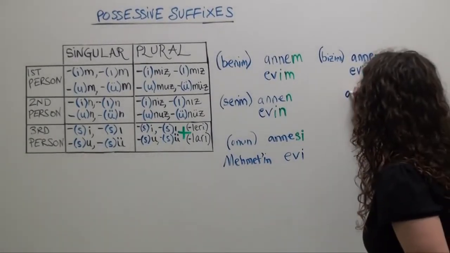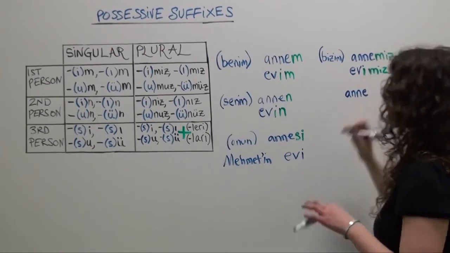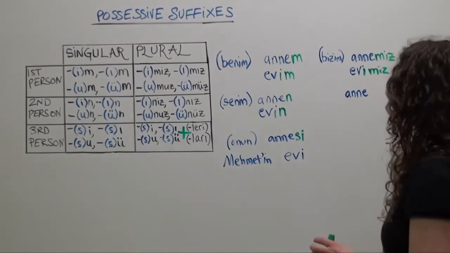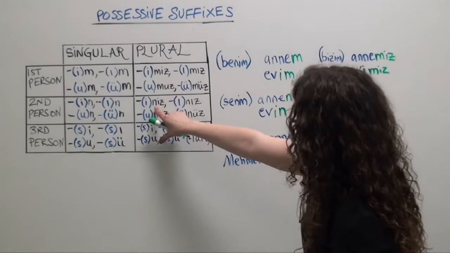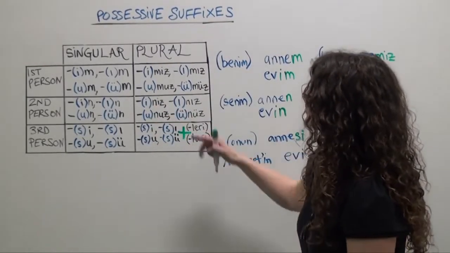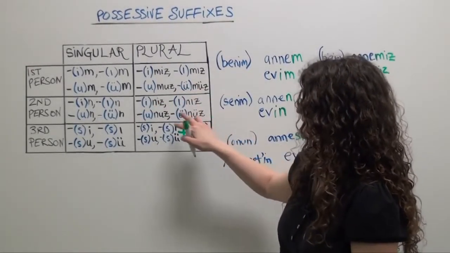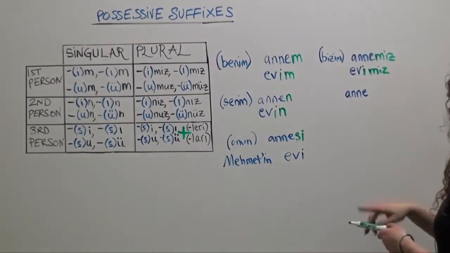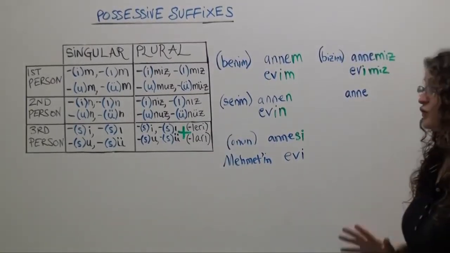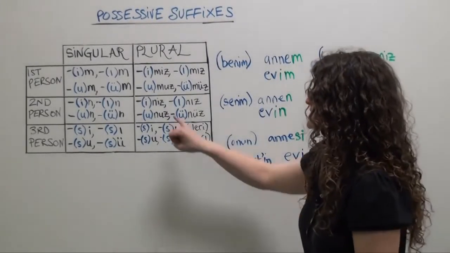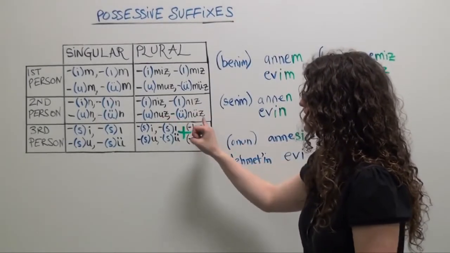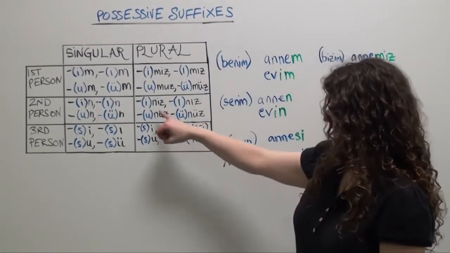Anne, say your plural or your formal mother. We're going to choose our version of the possessive suffix that agrees best with anne according to the rules of four-way vowel harmony. So we have a choice of niz, nız, nuz, and nüz. We're going to choose niz.